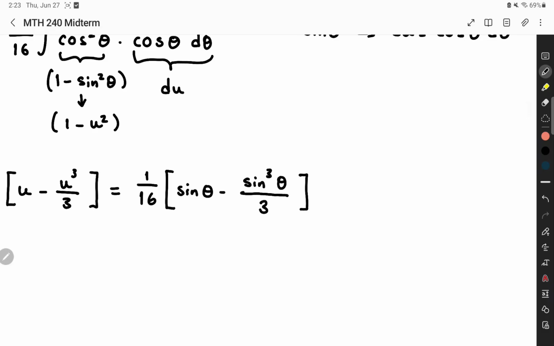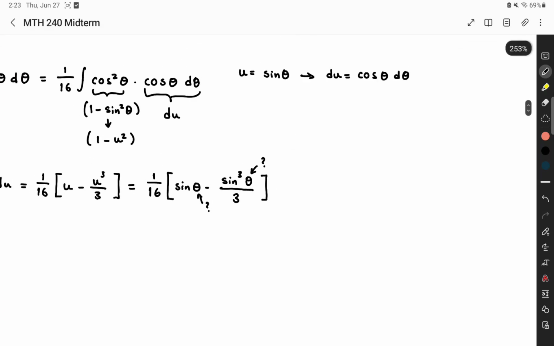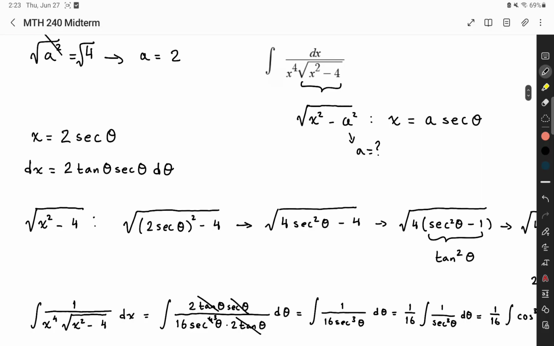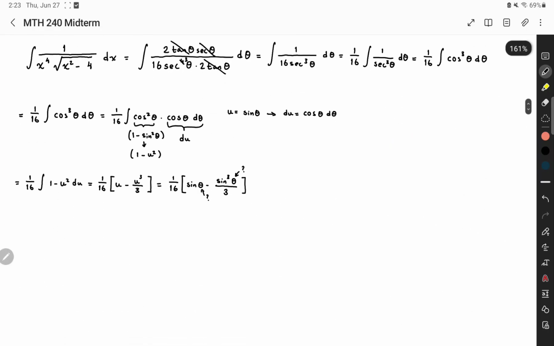And we're still not done yet because we actually need to find this theta and this theta. We have to find these because our answer has to be without any sort of trigonometric expressions. So how can we find that? Well, we know that in the beginning, before we even started simplifying all this, we had this expression right here, x equal to 2 secant theta.